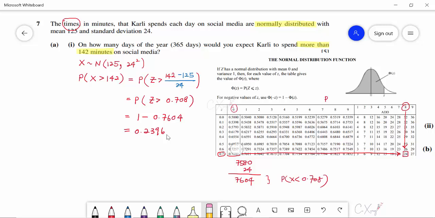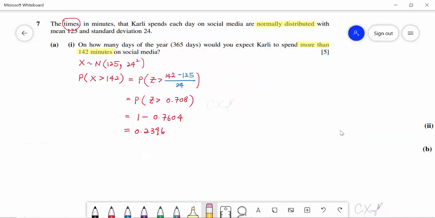And I will not change it to 3 significant figures yet, because this is not my final answer. If you look at the question again, they are actually asking you to find the number of days. So how to calculate the number of days? I want to know in a year how many days she spent more than 142 minutes on social media.